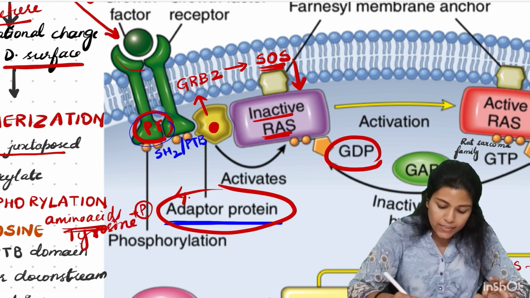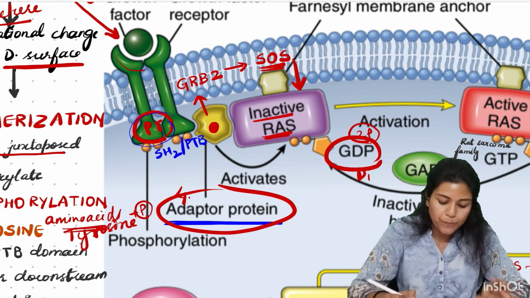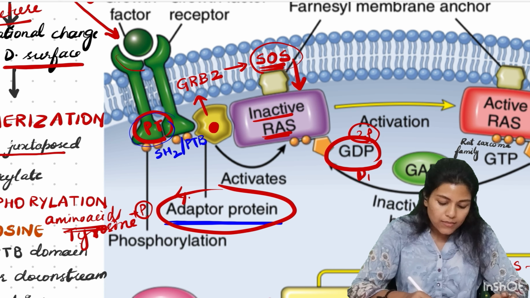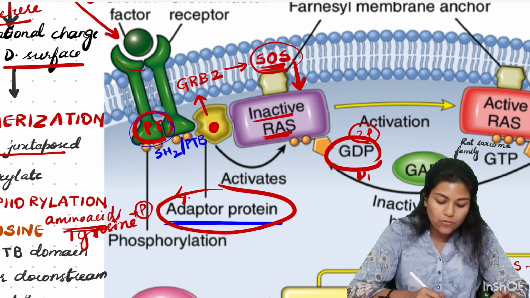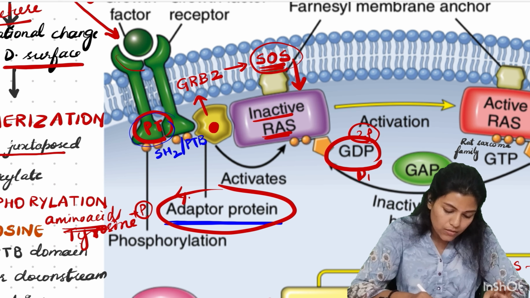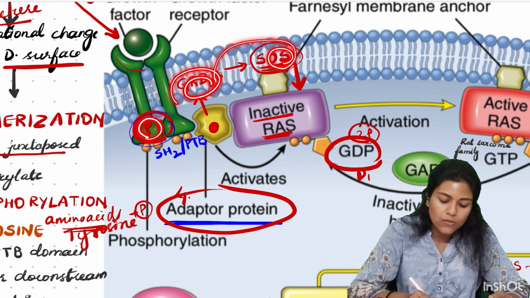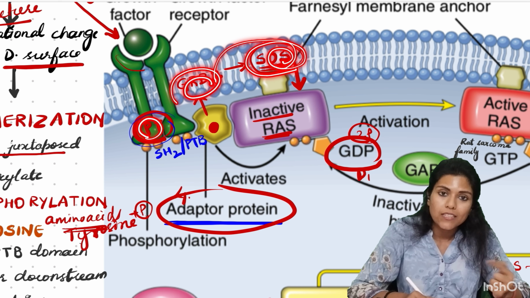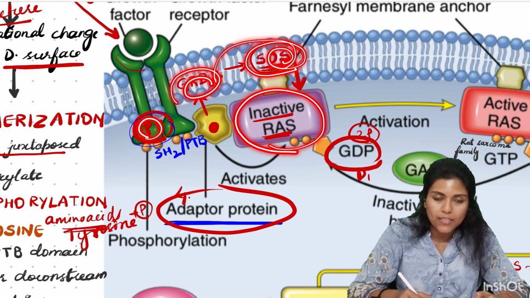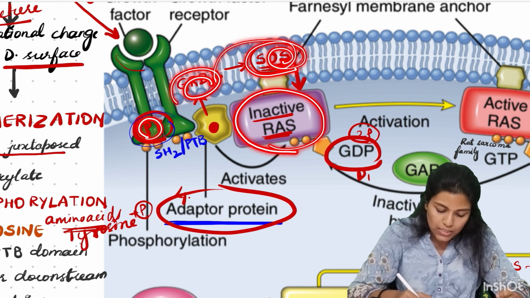GDP means guanine diphosphate, that means it has two phosphate groups. This SOS is recruited from the phosphotyrosine. Now this SOS will give its phosphate to the inactive RAS.